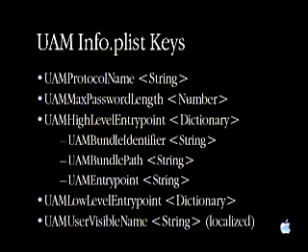We've got keys for the protocol name, the maximum password length, and a dictionary which tells the AppleShare client where the high-level and low-level sub-bundles are with an identifier and a path. And it also gives you the name of the entry point, so you can change that if you want. There's also a localized string in there, which is the user visible name that will appear in the HI sometime in the future.